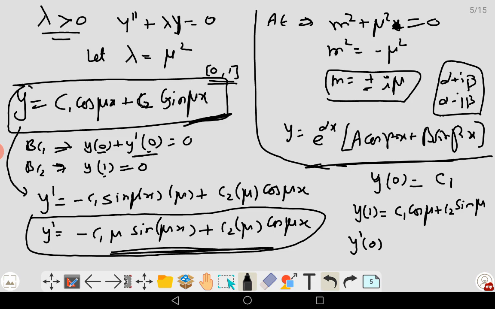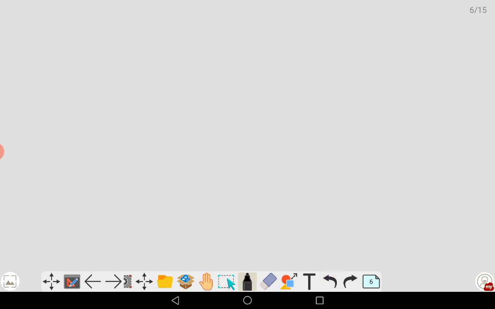Put x equal to 0 here. Sin 0 will be 0, cosine 0 will be 1. It is c2 mu. Now we club these two: y of 0 plus y prime of 0 is equal to 0, so c1 plus c2 mu is equal to 0. So boundary condition 1 gives c1 plus c2 mu is equal to 0.